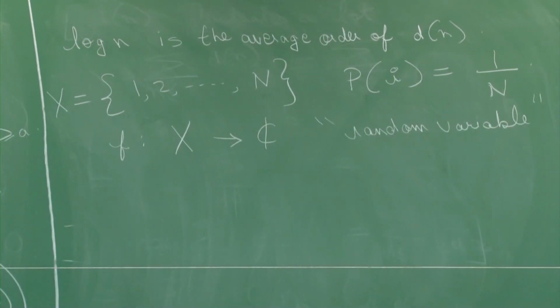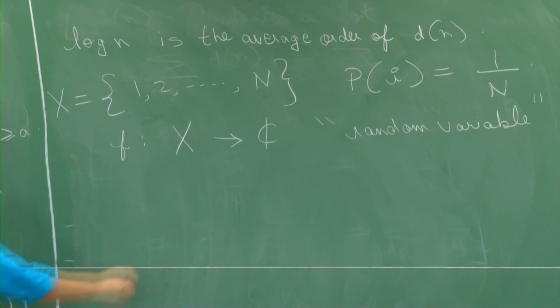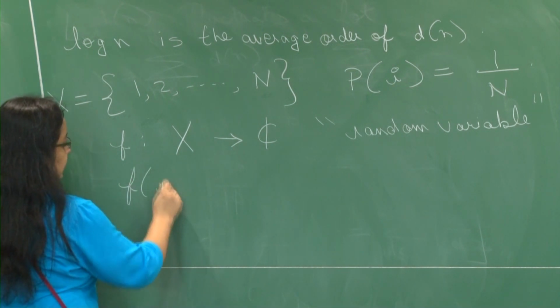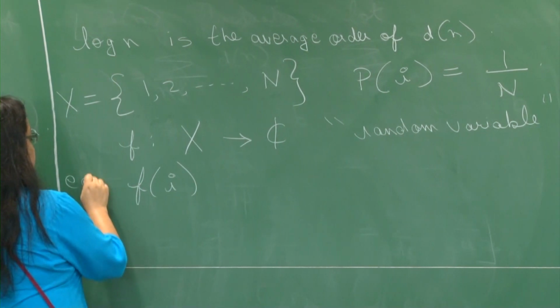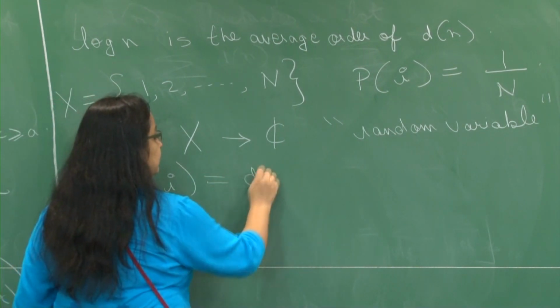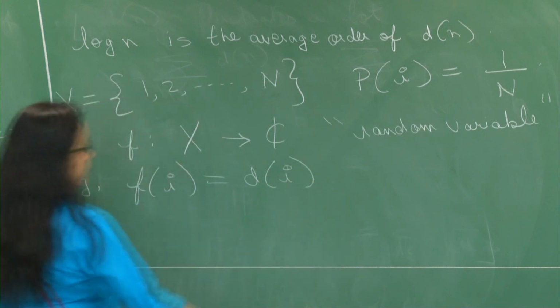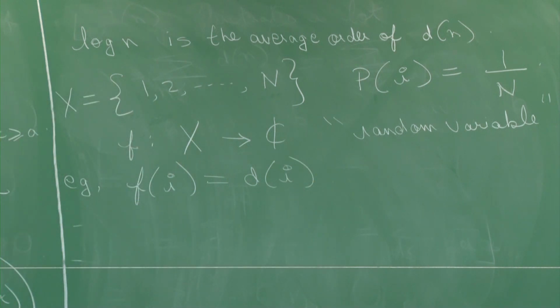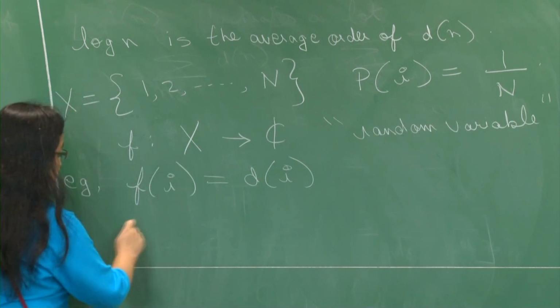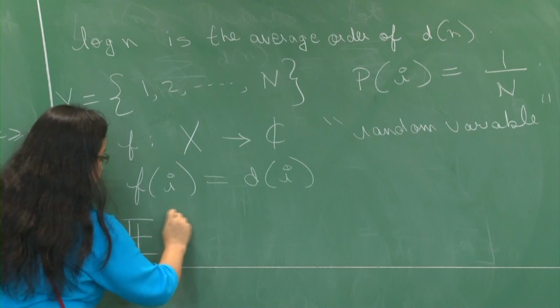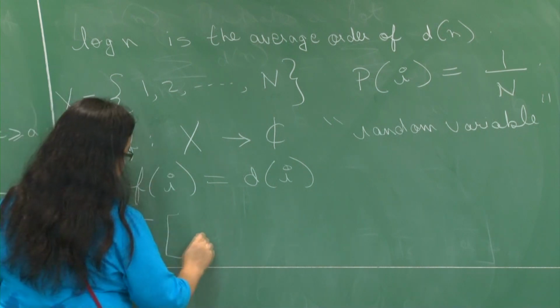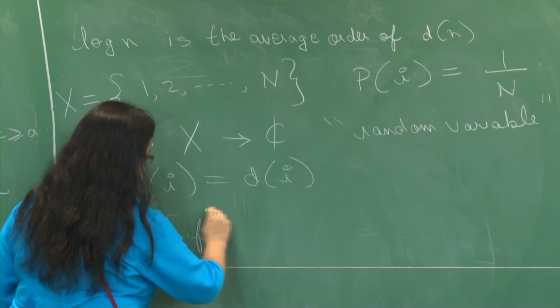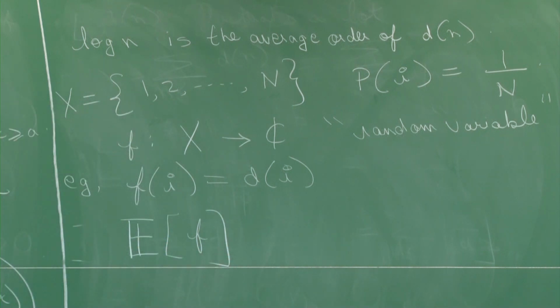In that case, for example, f of i is, let us say, the divisor function of i. This is a specific example. Now, when you talk about average order of a function, what you are actually asking is essentially what is the expected value of this random variable.